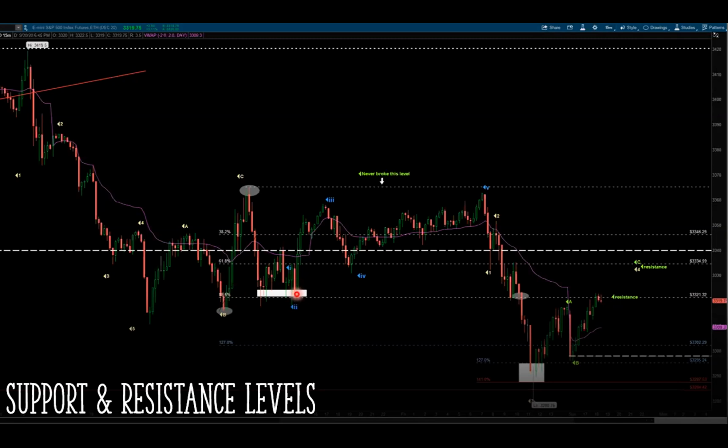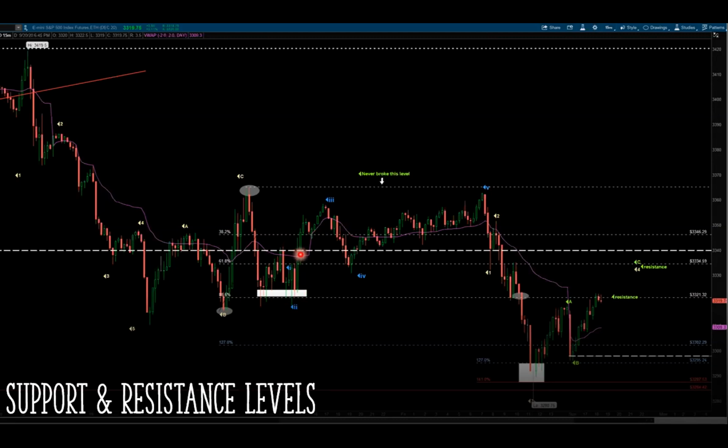This is how I enter my trades, and I'll give you more examples in detail because this will require more explanation. Now here we can see I'm tracing the Elliott waves, 1, 2, 3, 4, 5. That's how I trace it. Once again, if I'm trading this, once it gets above VWAP, then I can take the trade.